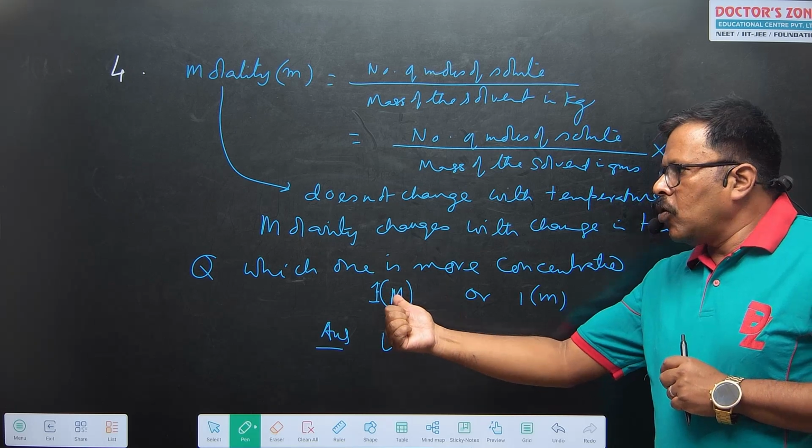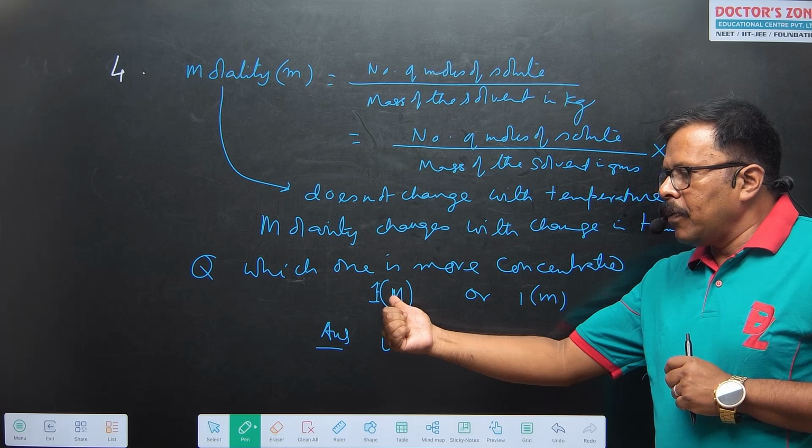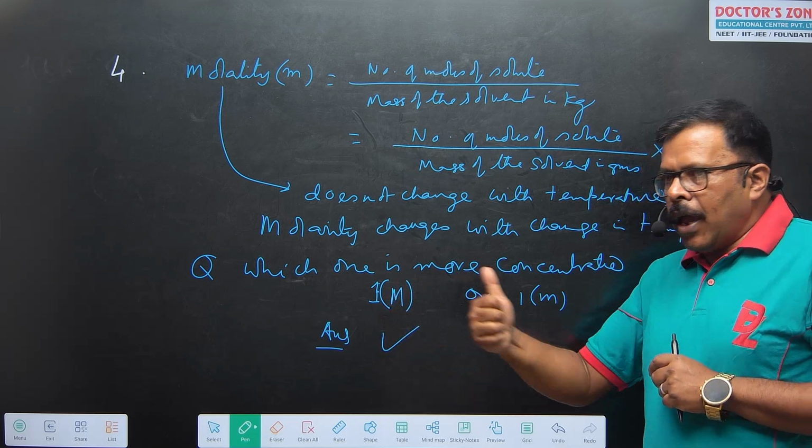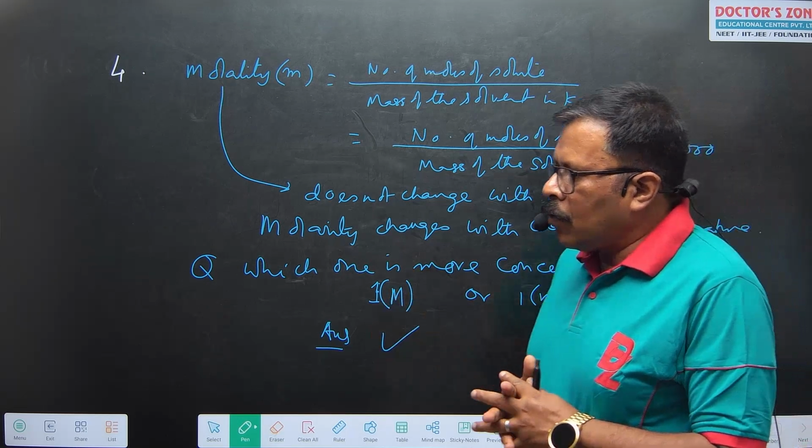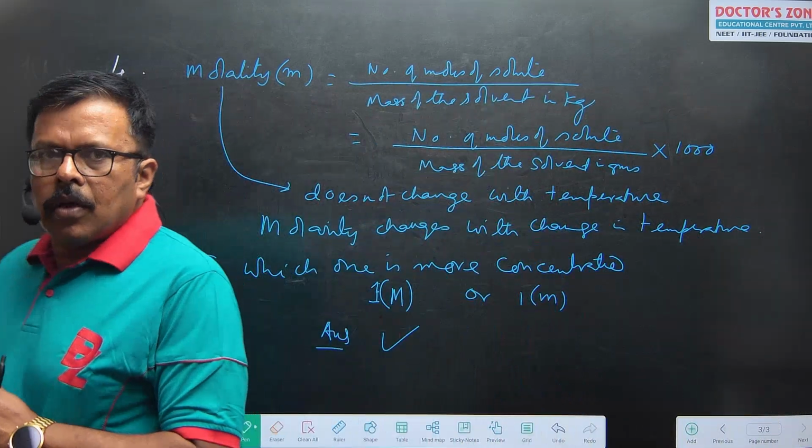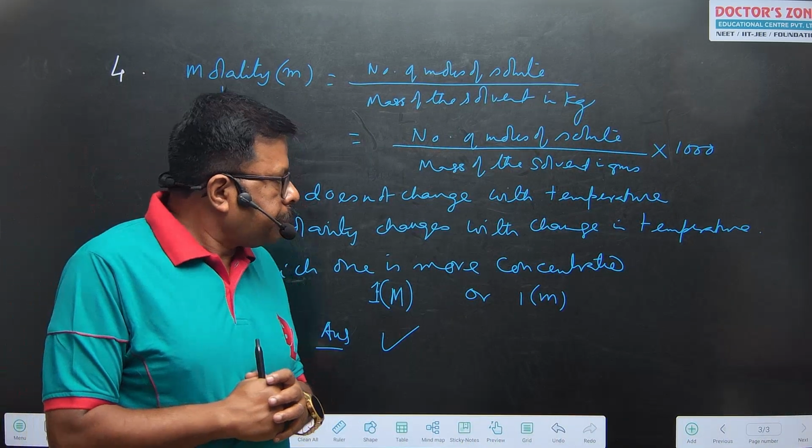So if the amount of water is less than 1000 grams, that's why a 1 molar solution is more concentrated.